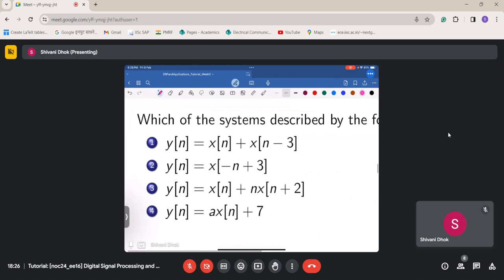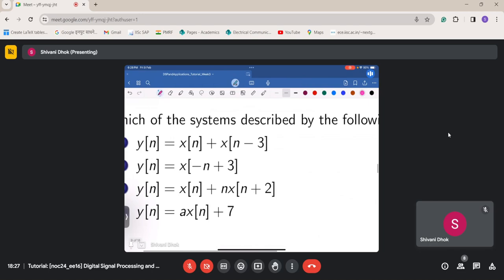So is the first system causal? Yes, ma'am. Why? Because current output depends on current input and past values of input. Right, correct.